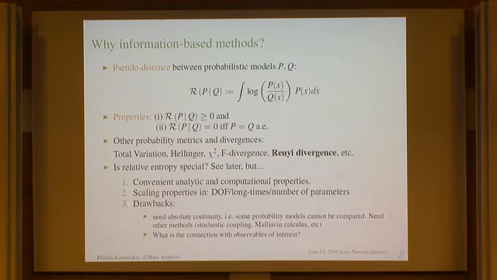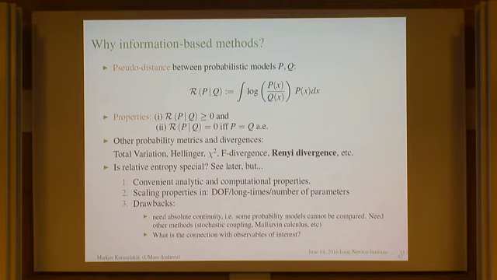It also has great scaling properties, which we'll actually prove, in degrees of freedom, long times, and numbers of parameters. All these issues that we saw before: long times, high dimensional spaces, high numbers of parameters. This scales great for these. And it also has some drawbacks.